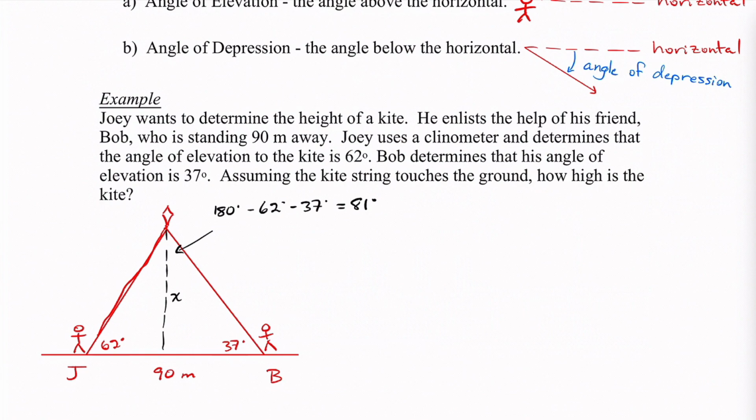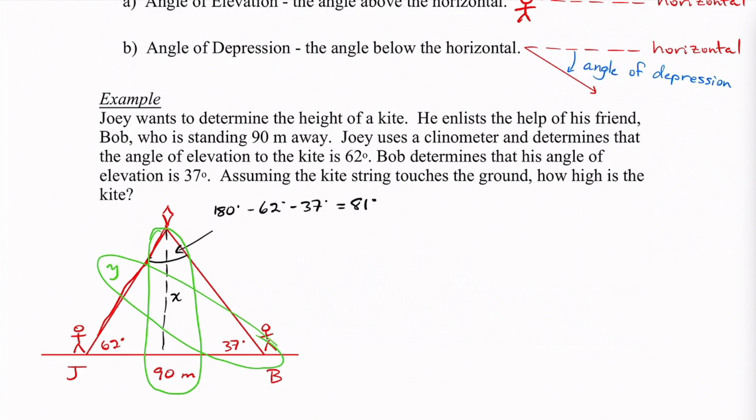So this whole angle right there is 81 degrees. If I know that that is 81 degrees and that is opposite from this 90 meters, I can use those two as a matching opposite pair. And then I could either use the 37 degree angle or the 62 to make another opposite matching pair. So I'm just going to choose the 37 degree, and that's going to help me find this side.